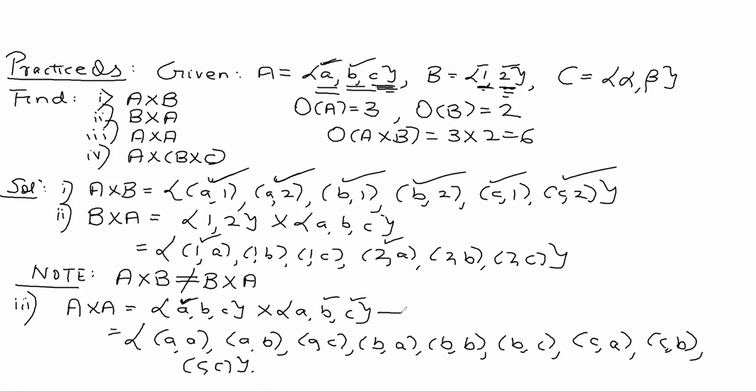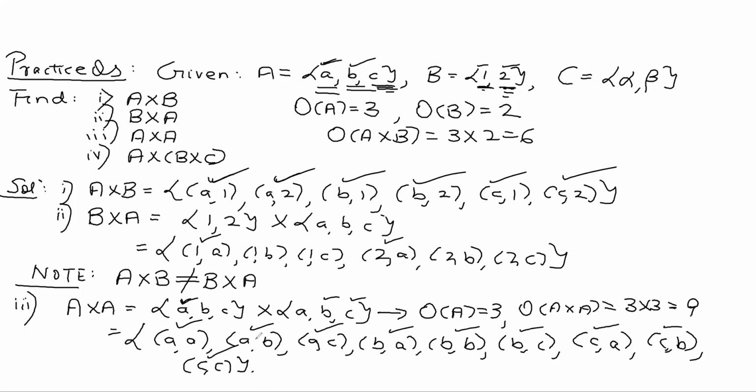Similarly, A has 3 elements, so A cross A consists of 3 times 3, which is 9 elements: 1, 2, 3, 4, 5, 6, 7, 8, 9. I hope all students are clear with the numerical example.